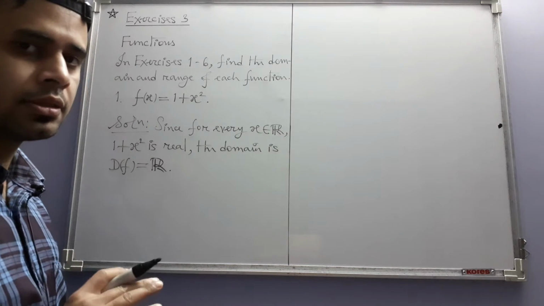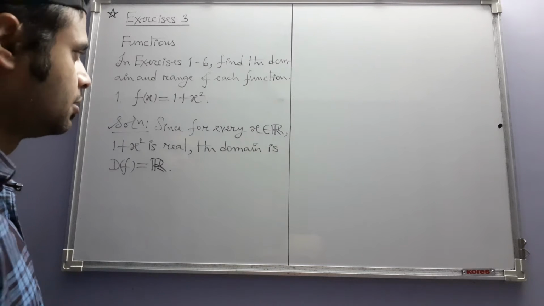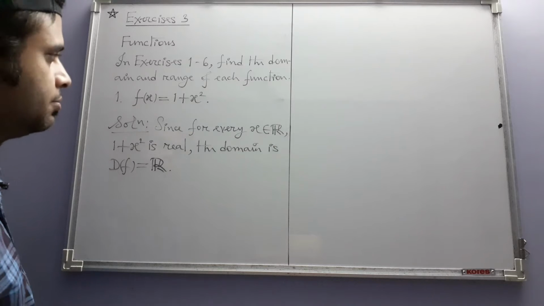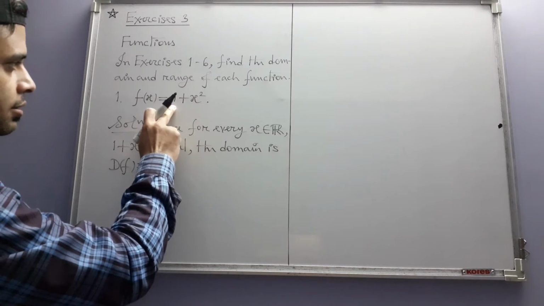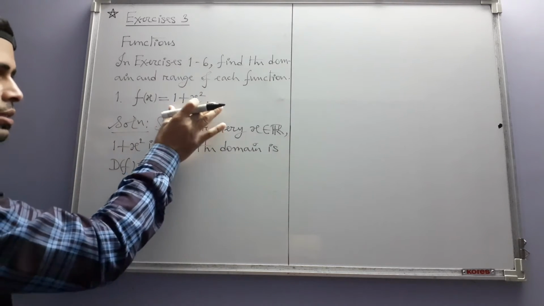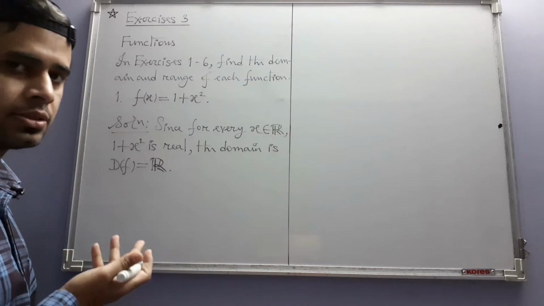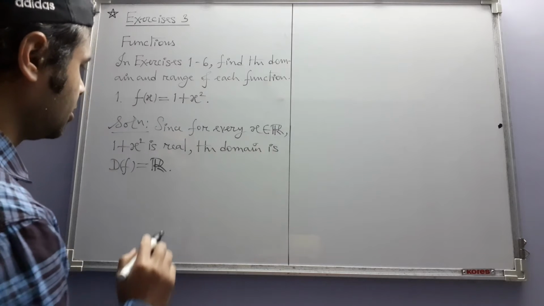The range consists of all the outputs. So we have to now figure out what the outputs can be. That we can see by looking at the formula. These are the outputs, okay, as x varies over the domain, that is in this case the entire set of real numbers.